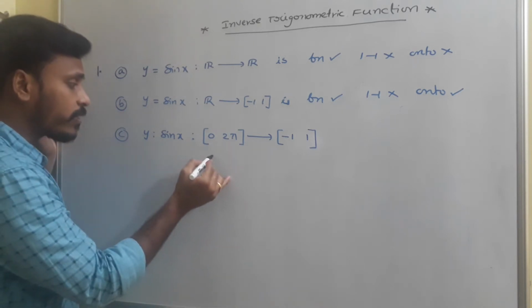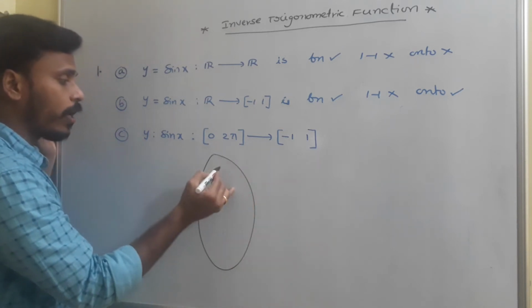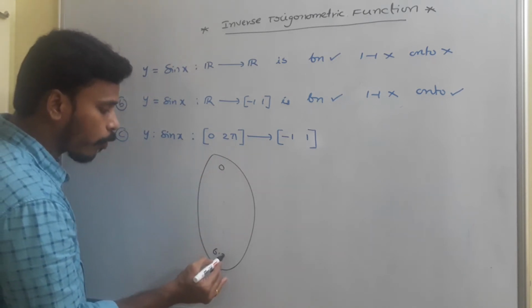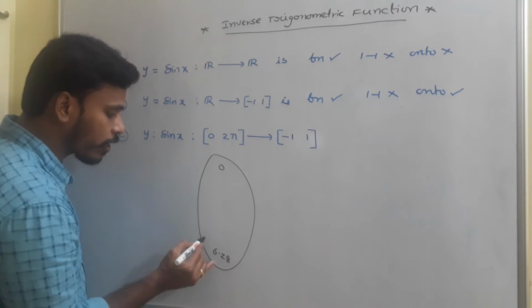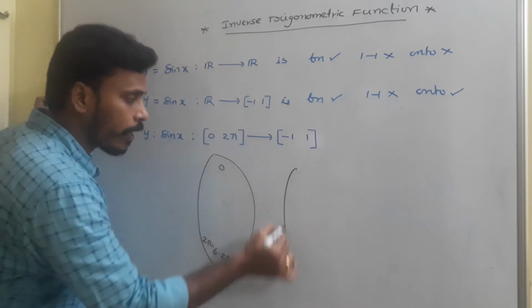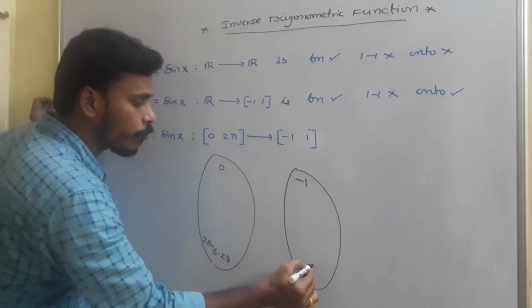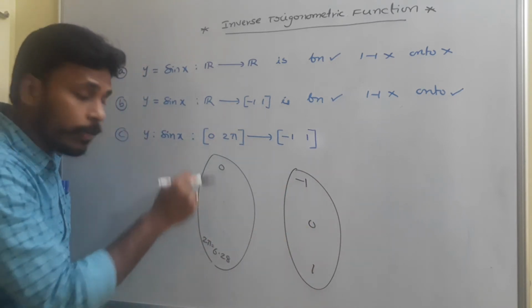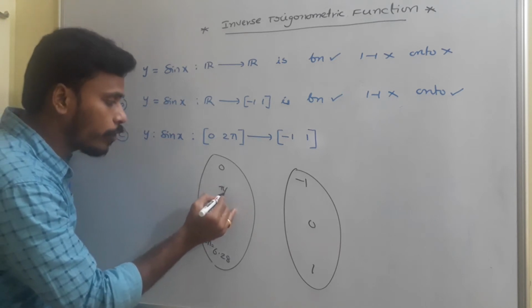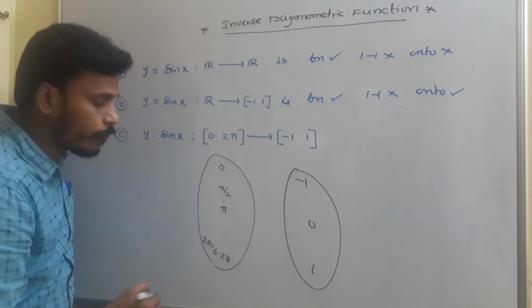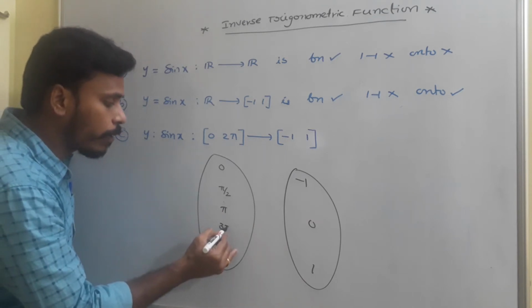0 to 2 pi, in the sense the real numbers here. 0 to 2 pi means 2 into 3.14, approximately 6.28. In such a way you need to identify. 0 to 2 pi is the domain and the range is from -1 to 1. Now in between we have the angles pi by 2, which is 1.57, and pi, which is 3.14, and you may have 3 pi by 2 also.